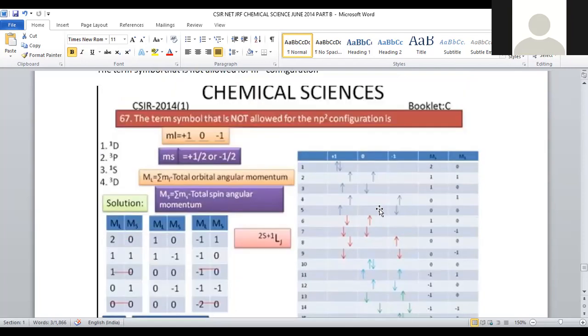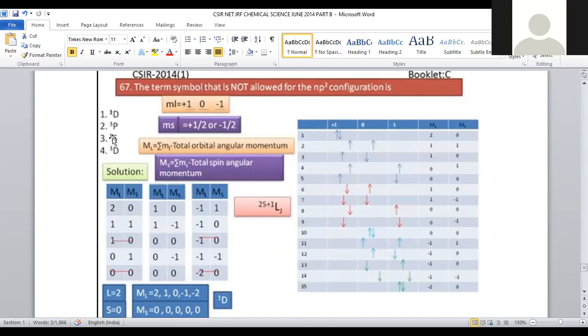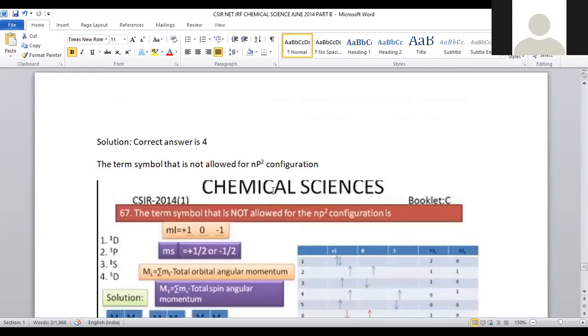When L is equal to 0, it will be S. The term symbol will be S, and the spin multiplicity value will be 1. So 1S is also available. Only 3D is not at all possible. Whatever combination you take, you can't get a 3D term symbol. So 1D is possible, 3P is possible, 1S is also possible, but 3D is not possible.